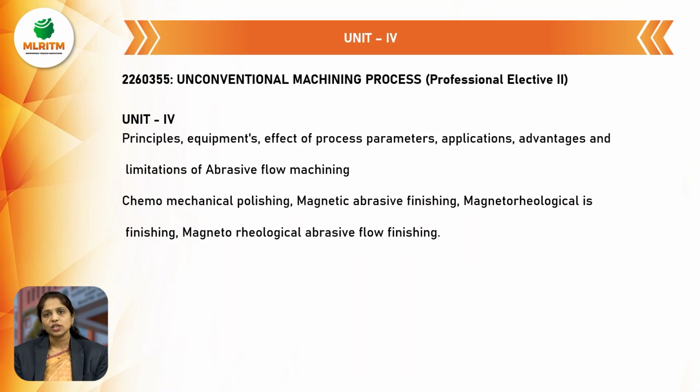By this technology, how the metal can be removed, what the advantages are, and in which field this type of machining can be used. And other technologies like magneto abrasive flow machining. These are the different machining methods present in the fourth module, so we can easily understand all the concepts one by one.